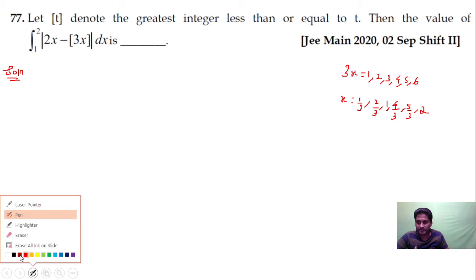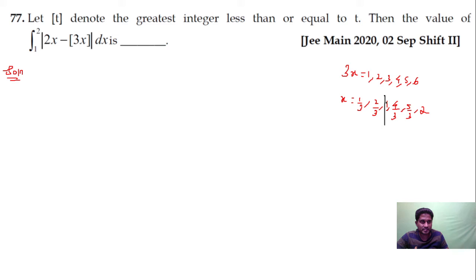Between this 1 and 2, obviously x lies; these are the values 4 by 3 and 5 by 3.